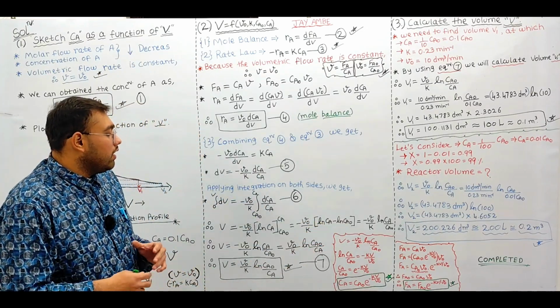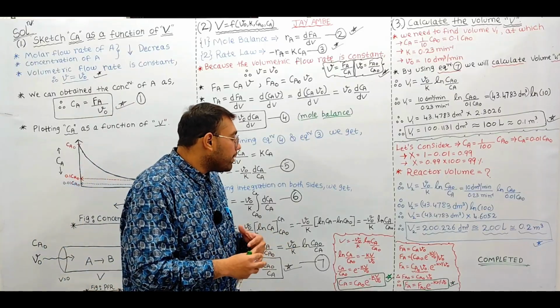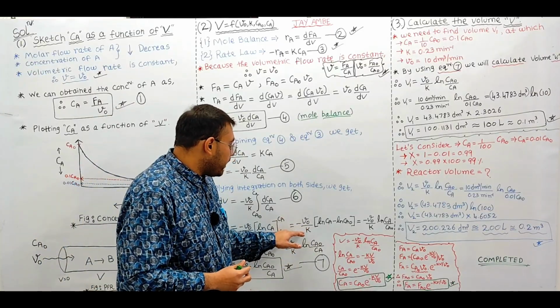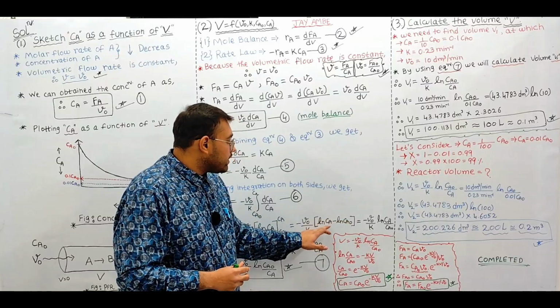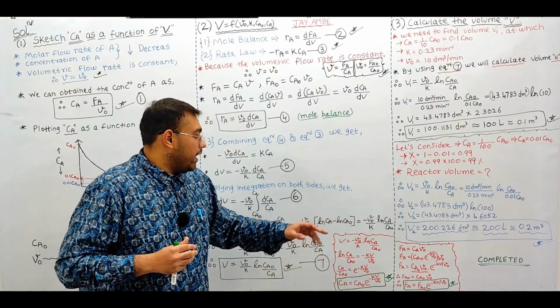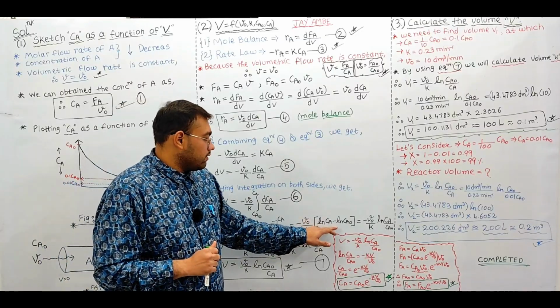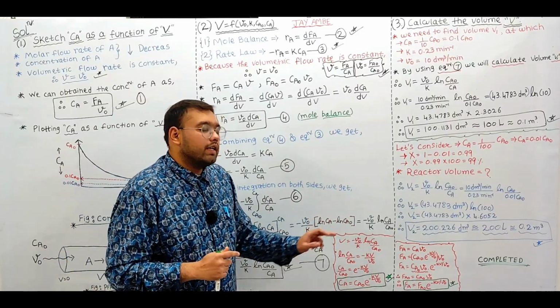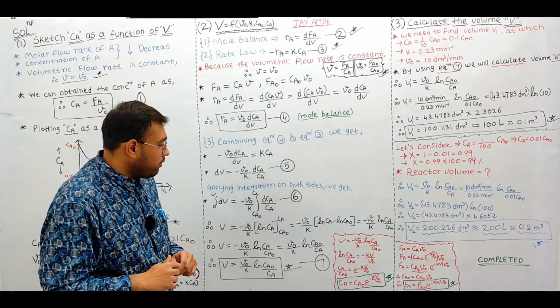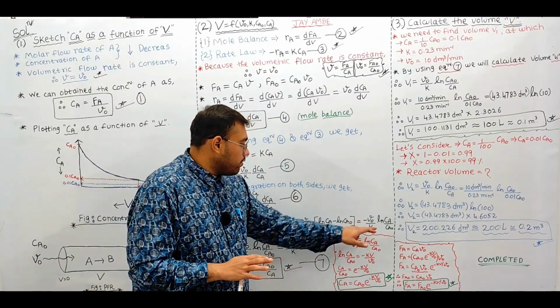Now again we are using a mathematical relation: ln CA minus ln CA naught can be written as ln CA by CA naught. For example, ln x minus ln y can be written as ln x by y. The same relation we are using here.